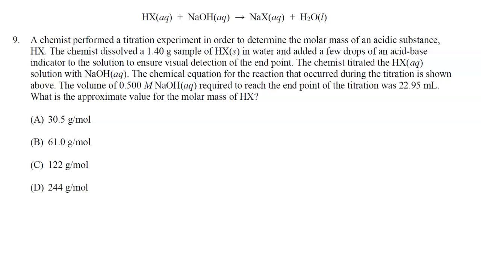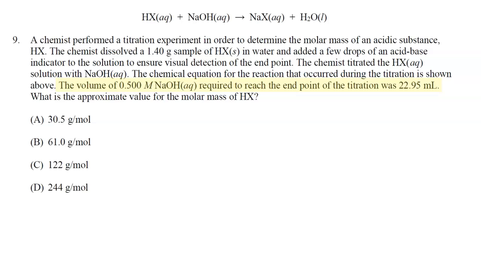The chemist titrated the aqueous HX solution with aqueous NaOH, which is sodium hydroxide. The chemical equation for the reaction that occurred during the titration is shown above. The volume of 0.500 molar sodium hydroxide required to reach the end point of the titration was 22.95 milliliters. What is the approximate value for the molar mass of HX?